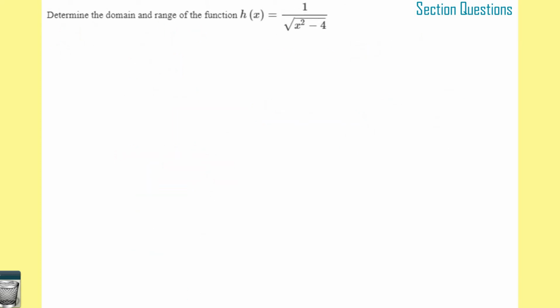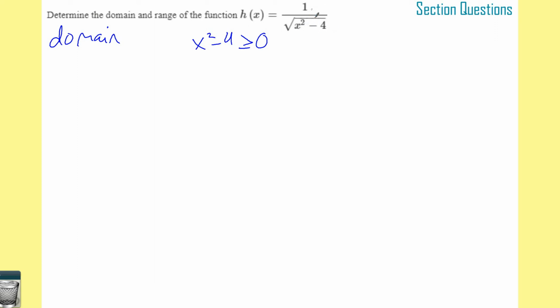Okay, so let's do the domain and range of this function. All right, so let's start with the domain. Well, we have a fraction, and we have a radical. Well, we already know that the x squared minus 4 must be a positive number, right? It must be greater than or equal to 0.